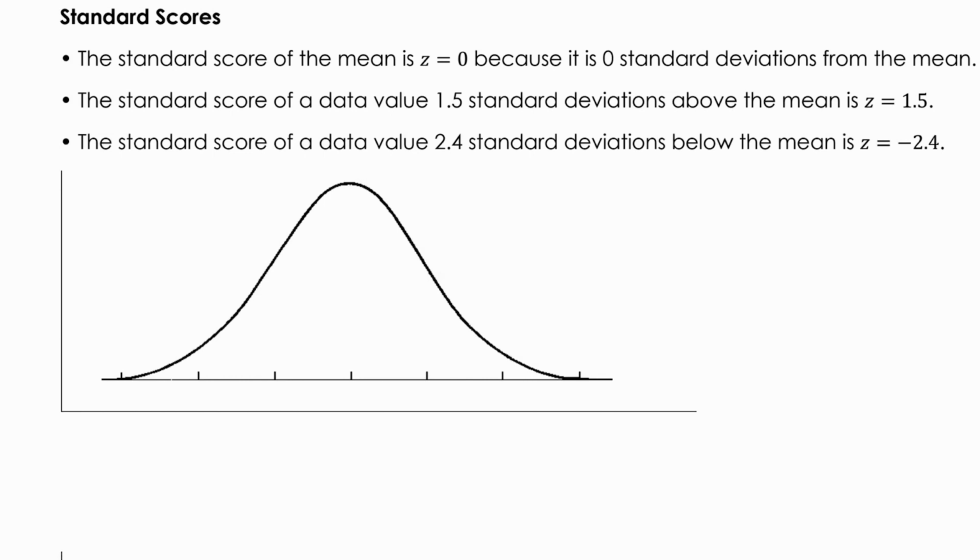And when we want to be able to do this, what we use is what's called standard scores, which we sometimes call z-scores, and it's abbreviated by the letter Z. So we're going to put down that Z stands for standard scores, and this tells us how many standard deviations away from the mean we are.